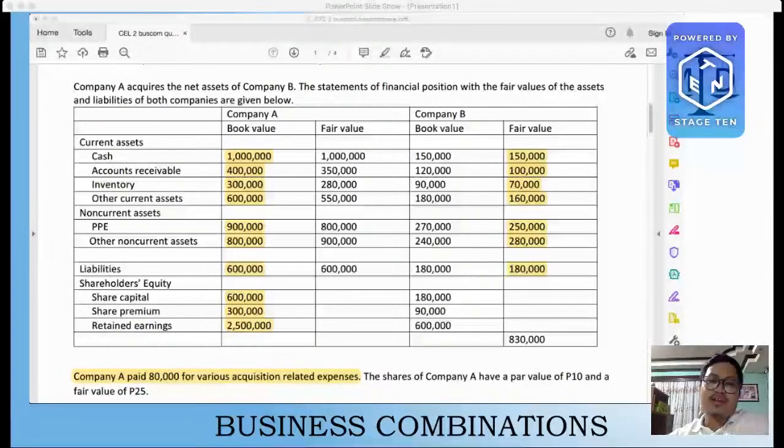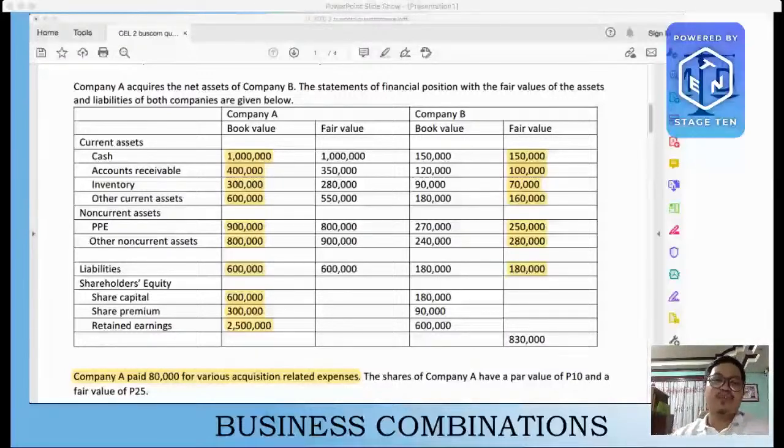So I strongly urge you to never forget to include the resulting goodwill. Given how the problems are presented, it's very common for students to forget it.